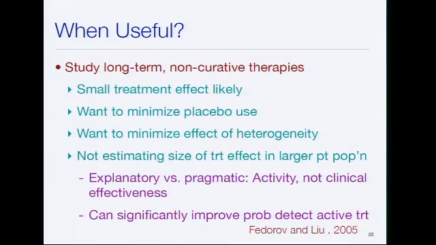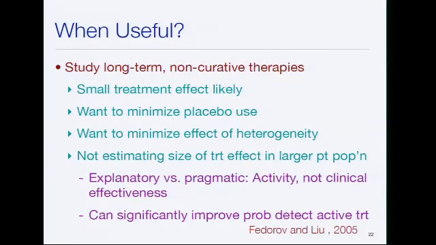So this type of design is useful when we're interested in non-curative therapies, perhaps, but where the patient can be steady for a relatively long term. There may be a small treatment effect, certainly in the larger population, so we enrich to maximize our signal relative to the noise.